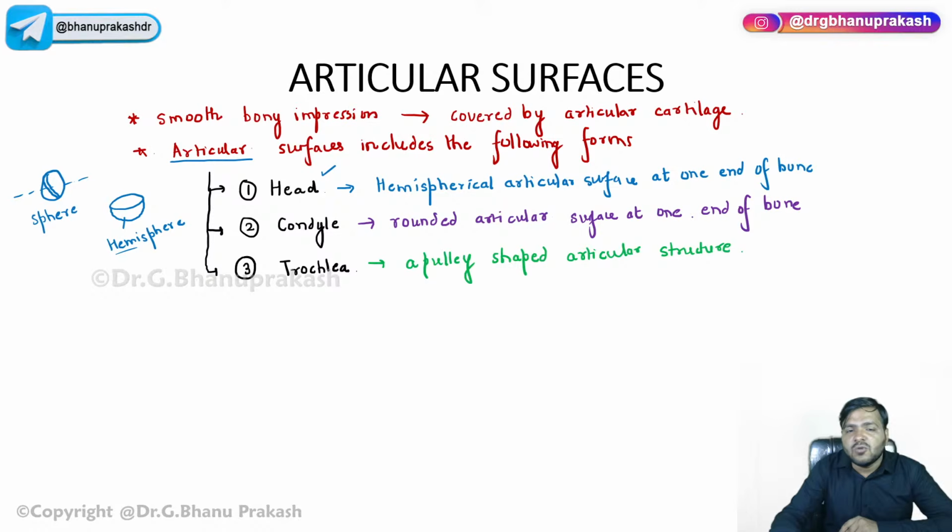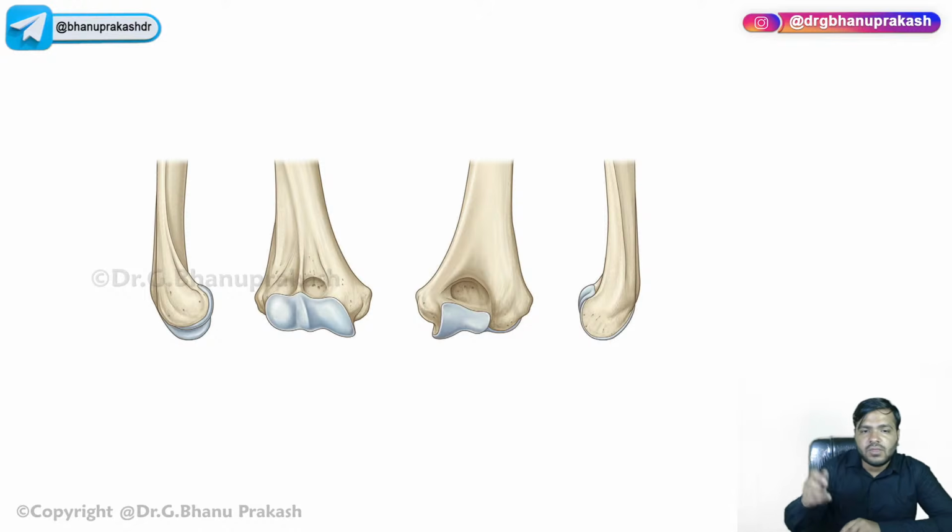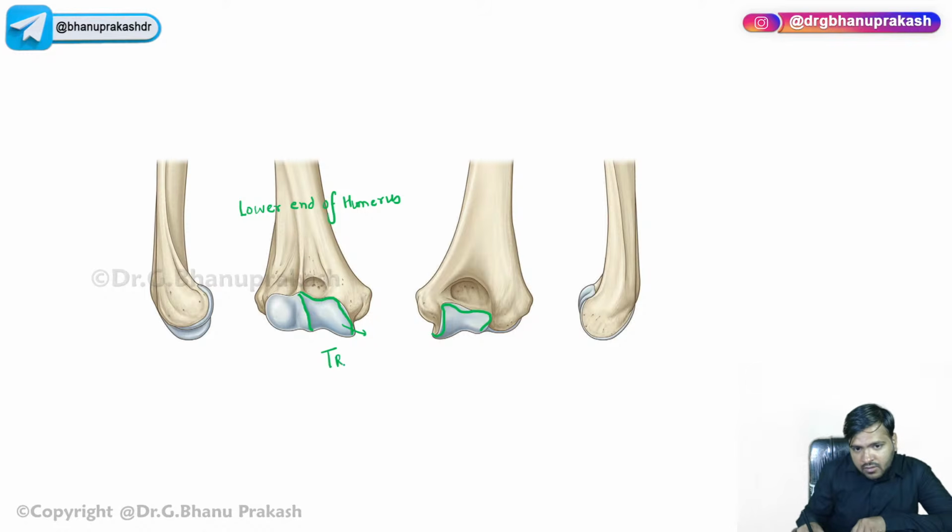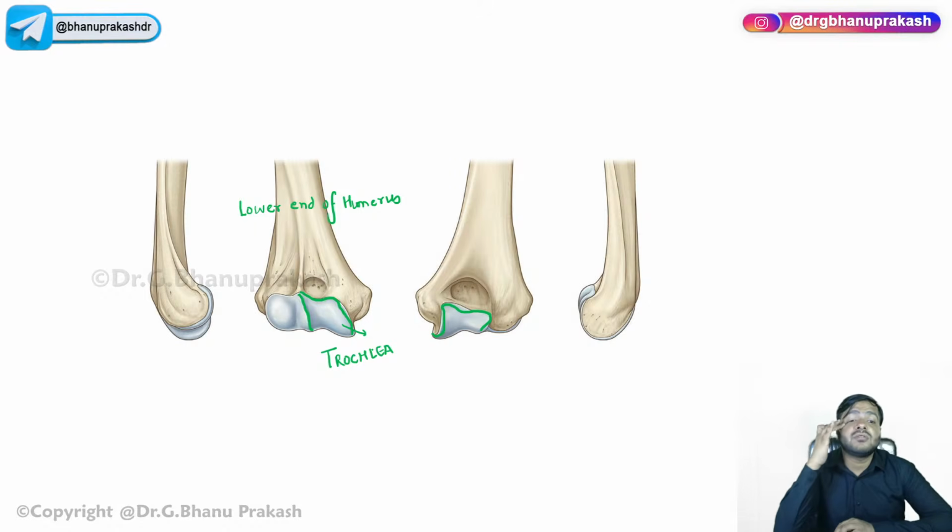So you guys can see over here as well. Now this is the lower end of the humerus. In this, you can very well see this pulley shaped structure, which is going behind also. You can see that it is blue in color, covered with articular cartilage. This is called the trochlea.